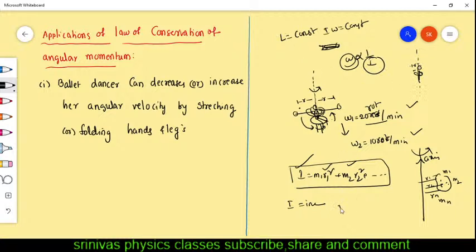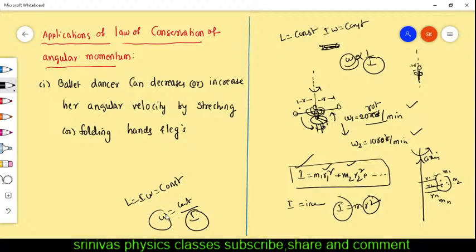Distance decreases means, from the I equal to m r square formula, the moment of inertia decreases. When the moment of inertia decreases, according to the law of conservation of angular momentum, which should be constant, omega is equal to constant by I. When the moment of inertia decreases, the angular velocity should increase, right? According to this formula.